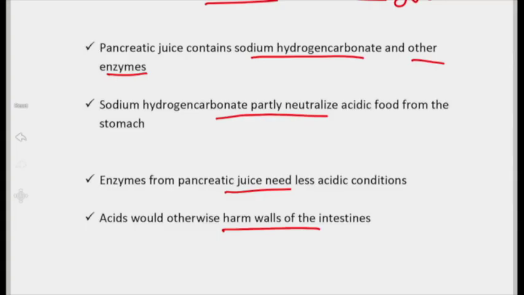Acids will otherwise harm the walls of the intestines. That's another critical point. We said in the stomach there is a mucus which protects the walls, the internal linings of the stomach, from being harmed by the acids. Now, in the duodenum, that facility is not available. We don't hear of that facility. Therefore, the sodium hydrogen carbonate will neutralize the acid so that the environment is just good enough.